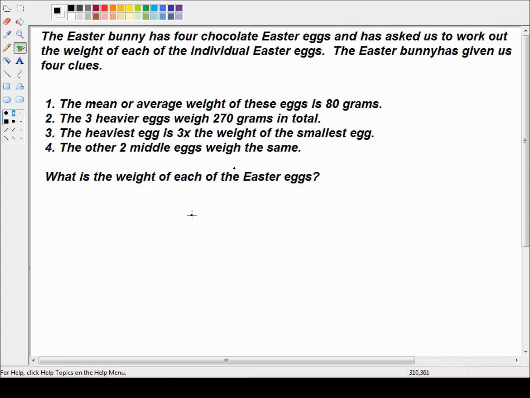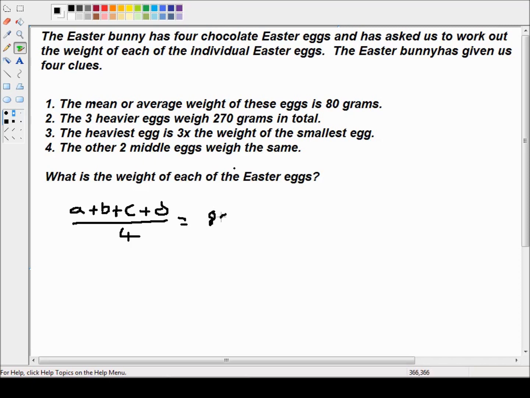Without reading anything else, I'm going to write down what I know, and I'm going to call the weight of each of the eggs A, B, C, D. So A plus B plus C plus D all divided by 4 is equal to 80 grams.